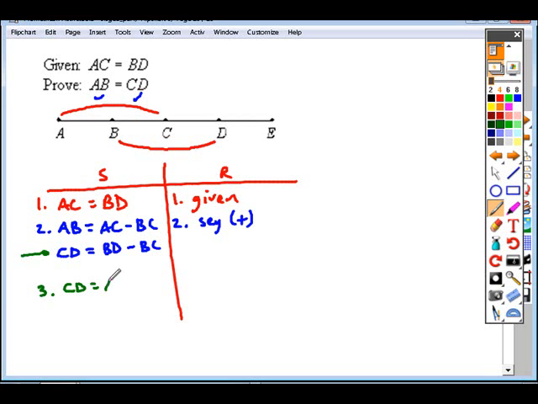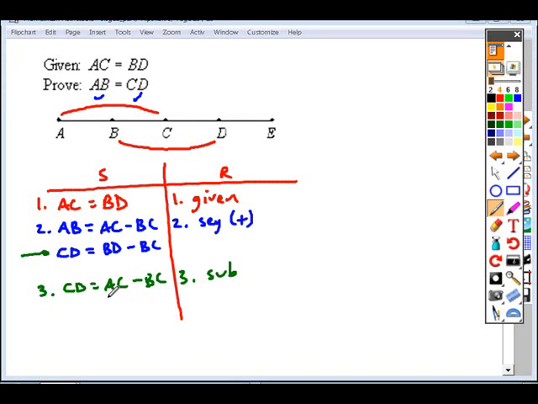BD is equal to AC. So all I'm going to do is take this statement, rewrite it by replacing BD with its equivalent AC, and I get the new statement CD equals AC minus BC, and all I did there was I directly substituted one expression for another. So this is the example of substitution only. It's not an example of transitive property, and we're simply replacing one value with another.